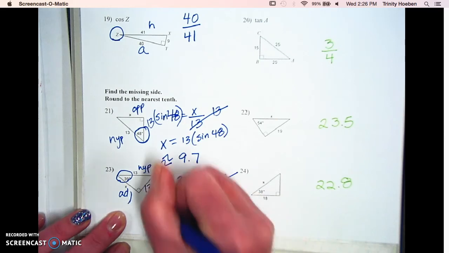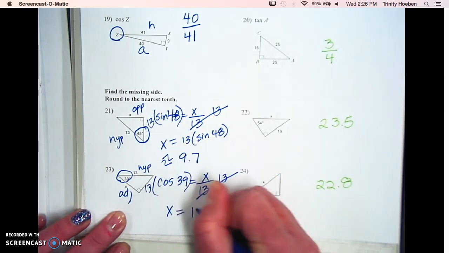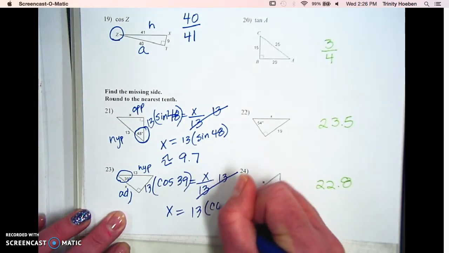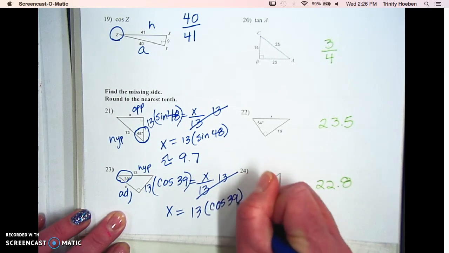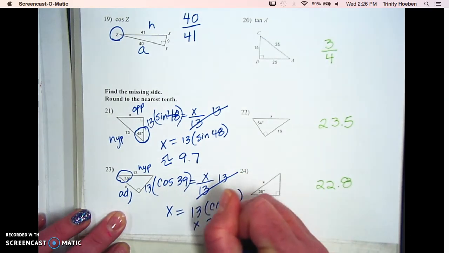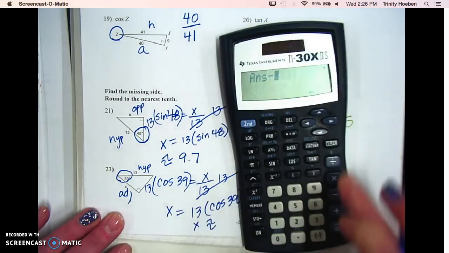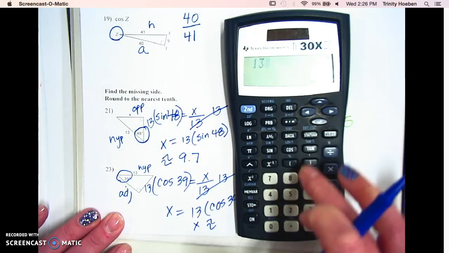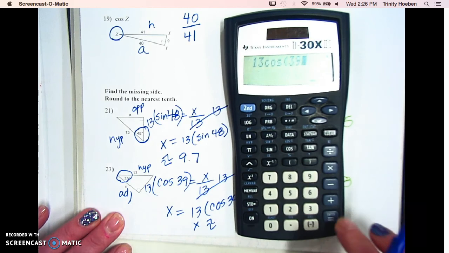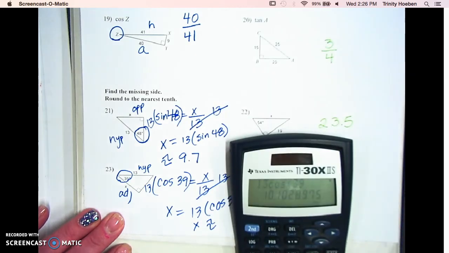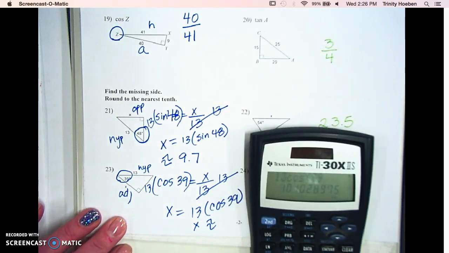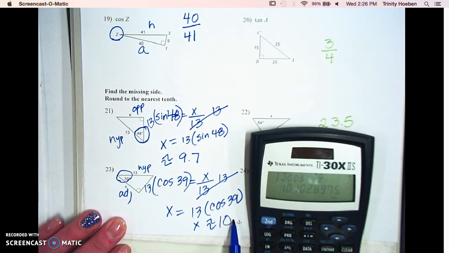You have x equals 13 times the cosine of 39. And type it into the calculator. So 13 times the cosine of 39. I got 10.1. There's a 0 next to it, so it stays. So it's 10.1.